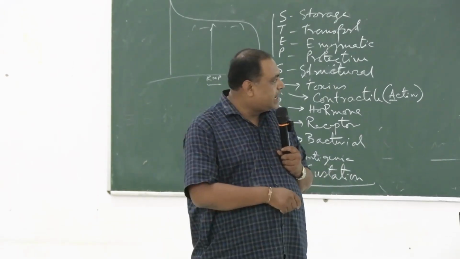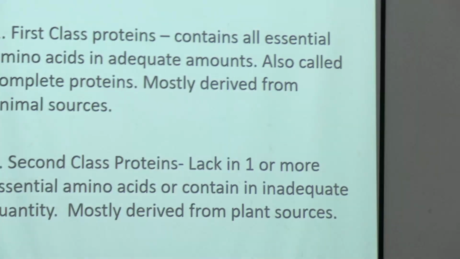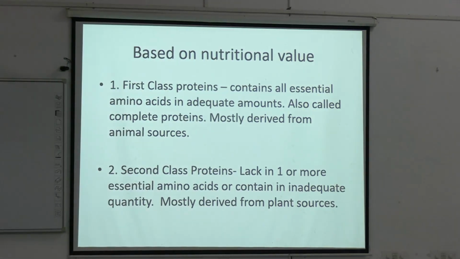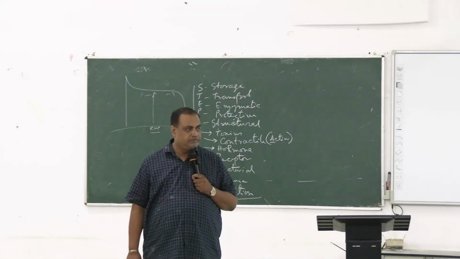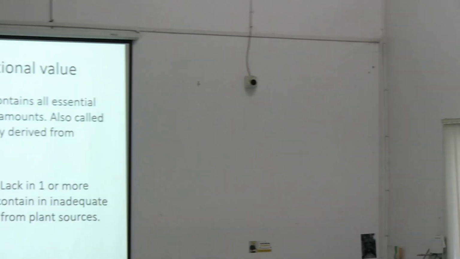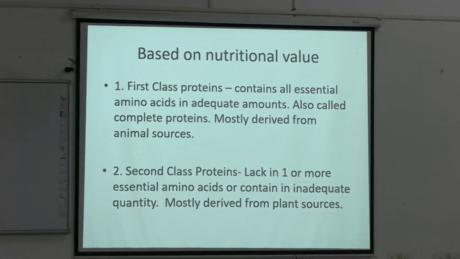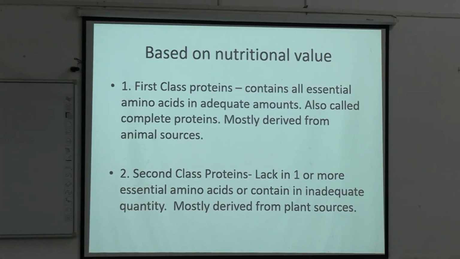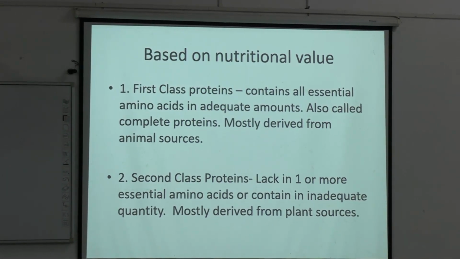Example, animal proteins, plant proteins. Okay? Animal proteins and plant proteins. Proteins like dal, pulses, soybean, proteins like egg, meat, right?